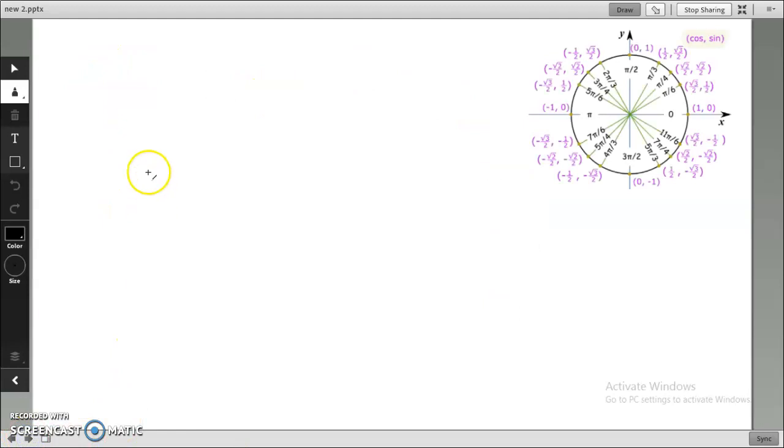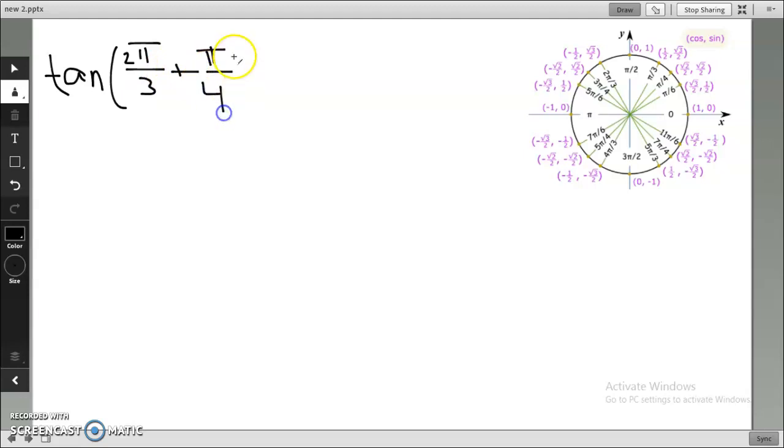So we'll plug those values in. Let me rewrite it again. So we have the tangent of 2 pi over 3 plus pi over 4. And I plug it into my formula.